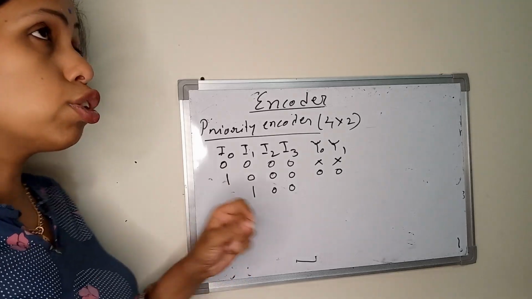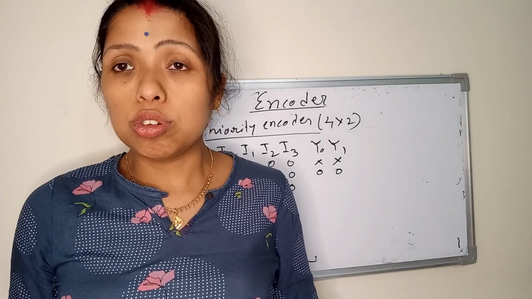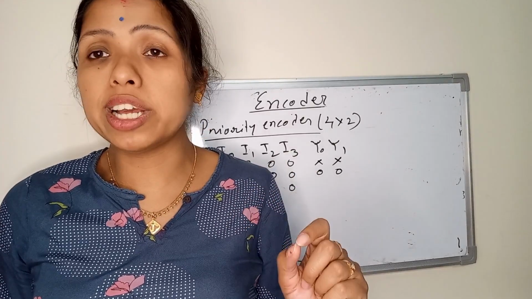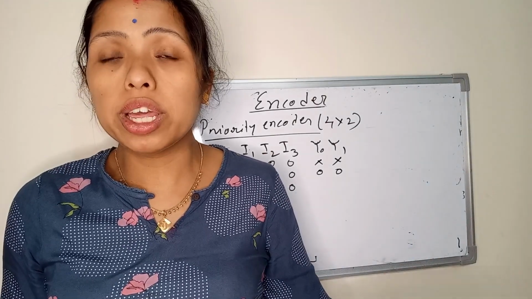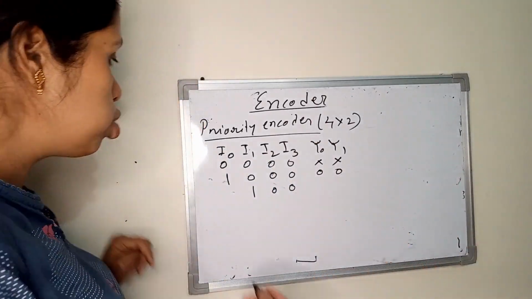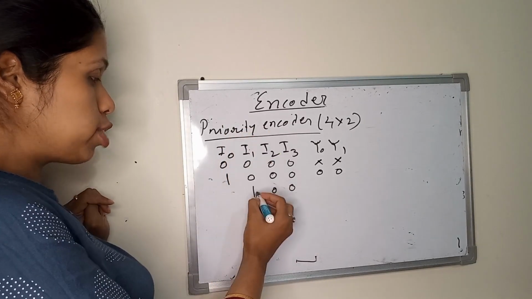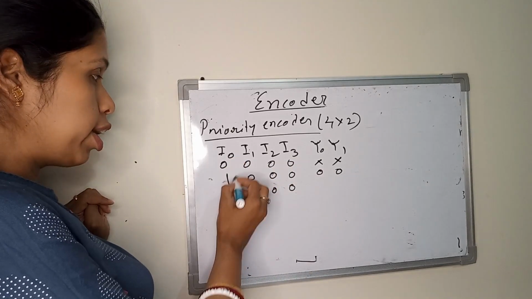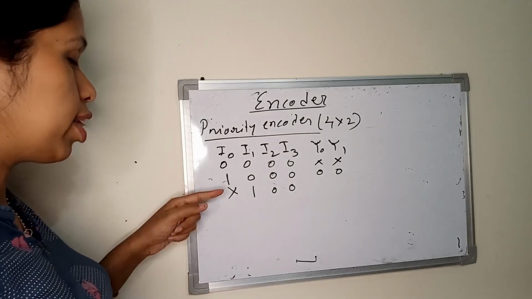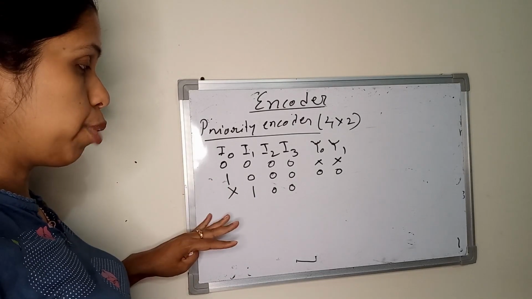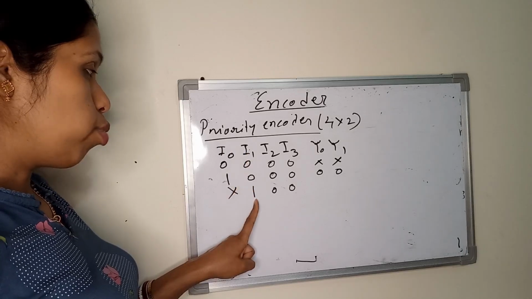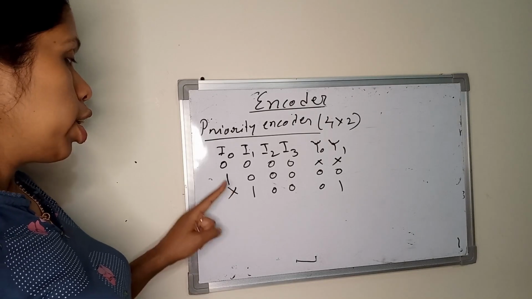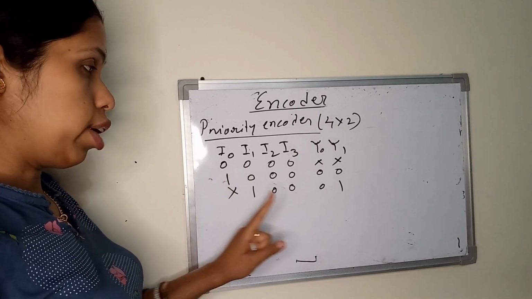So if I am sending logic 1 through the higher order channel, we will not care what information I am sending through the lower order channel. Suppose I am sending logic 1 through I1 and I2, I3 are 0. Whatever input I am sending through I0, either 0 or 1, I will not bother about it. If my I1 is 1, I will get 0 1 here. So suppose I0 is 0 and I1 is 1, I will get 0 1 here.